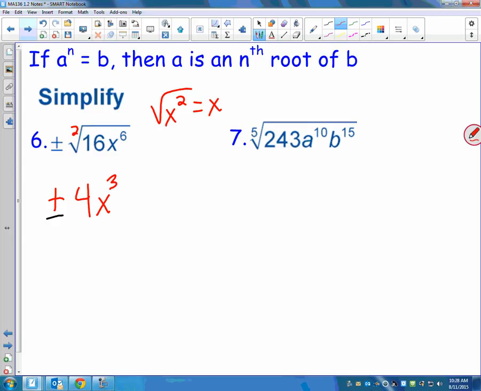Do you agree with that? So it's kind of like saying how many x squareds are in x to the 6th. Well, you could write that as x squared, x squared, x squared. There's 3 of them. That's kind of the reasoning behind it. The shortcut is, if it works out perfectly, you just divide it out, and then you get x to the 3rd.